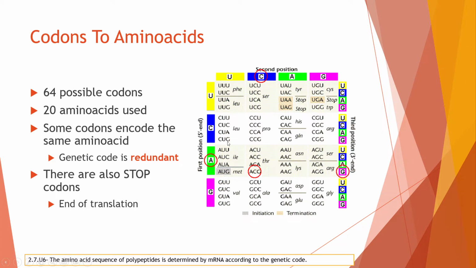Now we've got 4 codons in the column: CUU, CUC, CUA, and CUG. In this particular case, you don't have to look for any particular row because each codon here encodes the same amino acid, leucine. This is what we call redundancy.